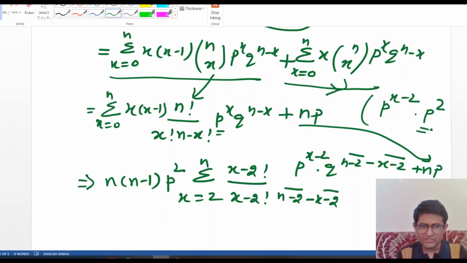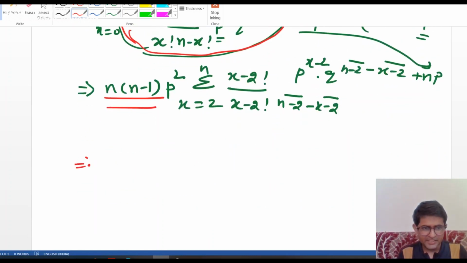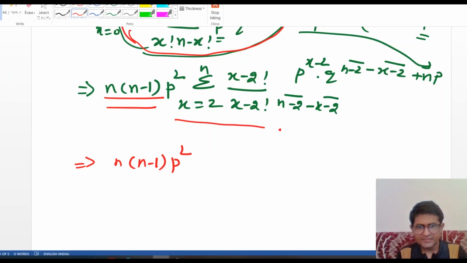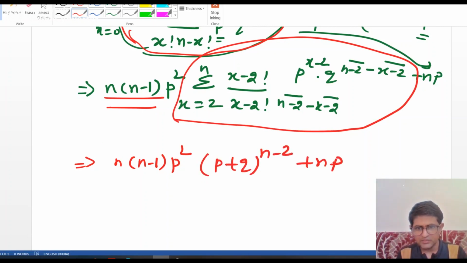Now we take p square outside, and in this expression we take n into n minus 1 outside the summation. This gives the value of the sum: n into n minus 1 p square times p plus q to the power n minus 2, plus n into p.